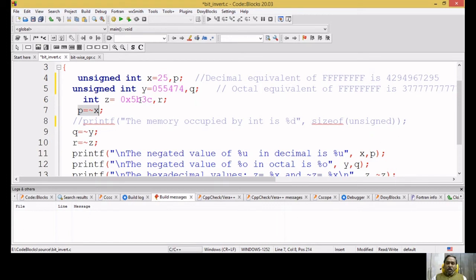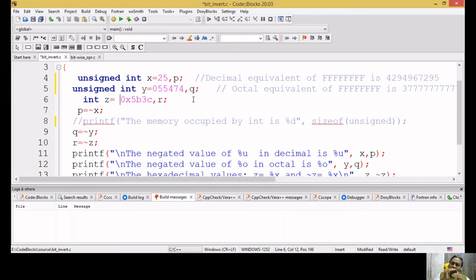Next, similarly, if it is octal, then I have to convert the octal number into its binary bit representation, then write its complement. For the decimal number system, we are subtracting from 9 or 10. For the octal number system, it will be 7777. 7 is the largest digit, and for the decimal number system, 9 is the largest digit.